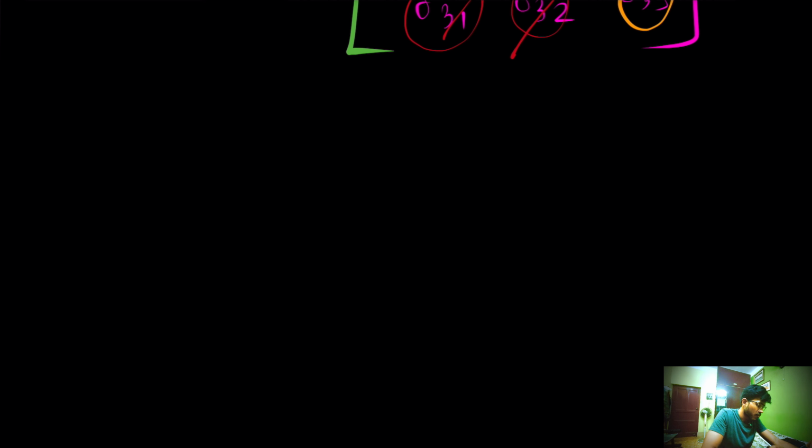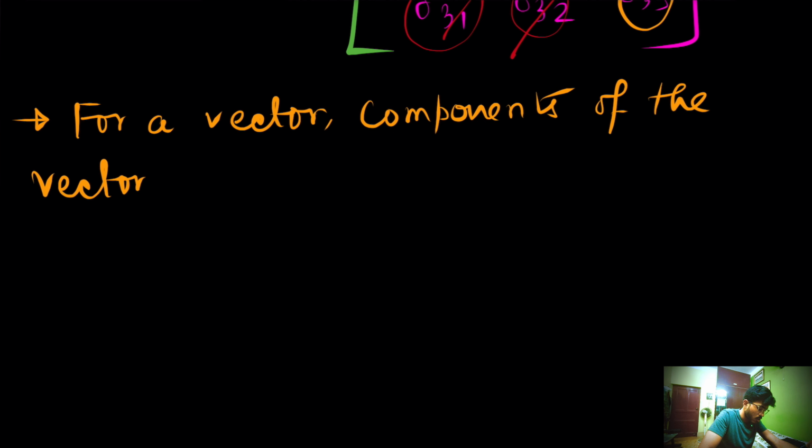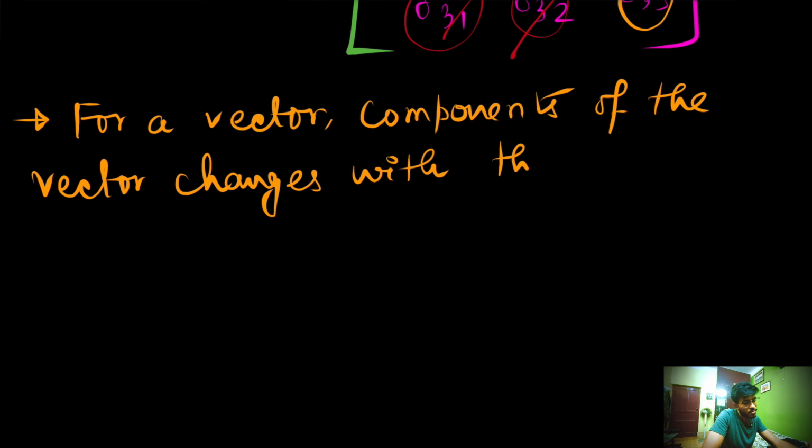Let us see, for a vector, the components of the vector change with the choice of coordinate axis.